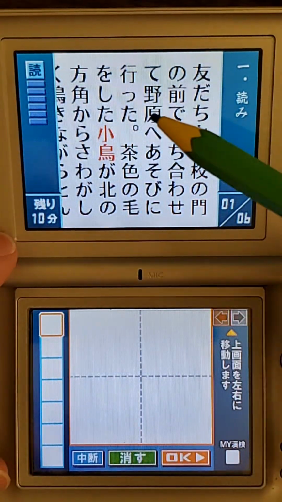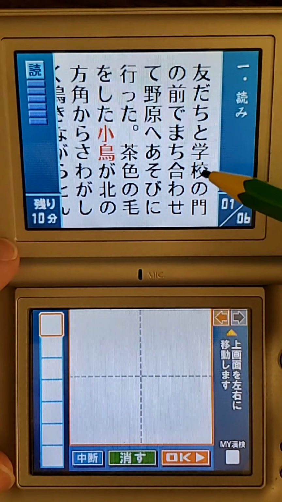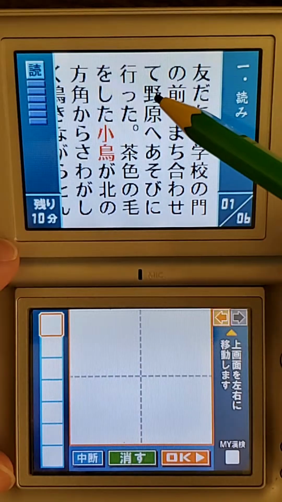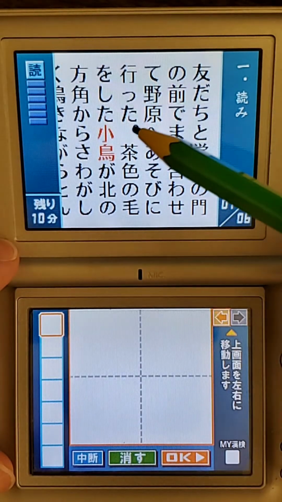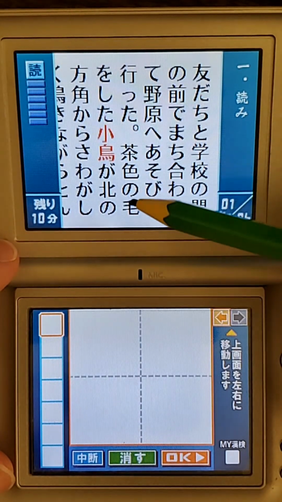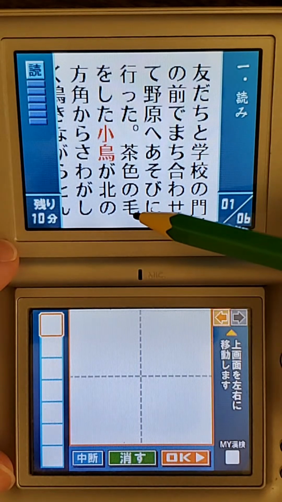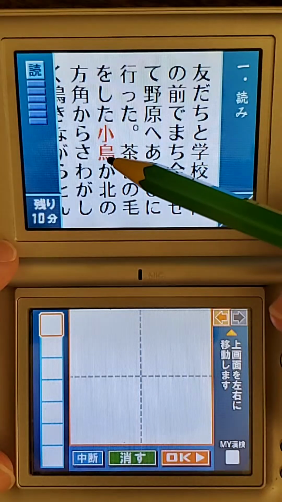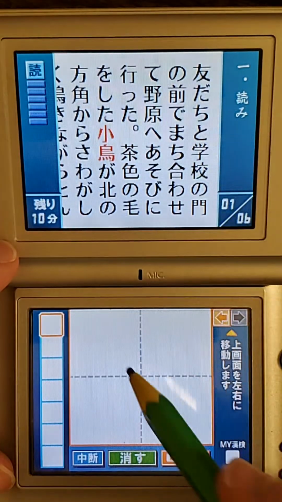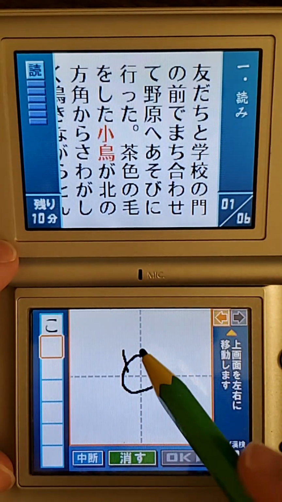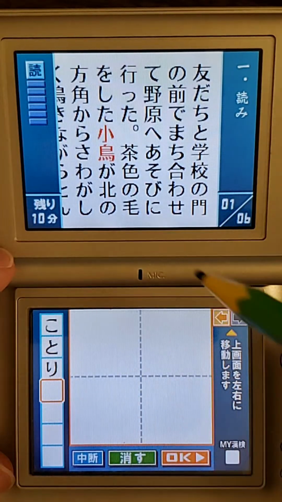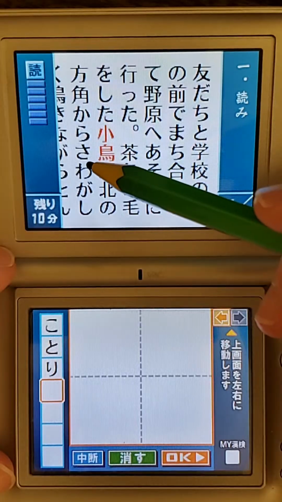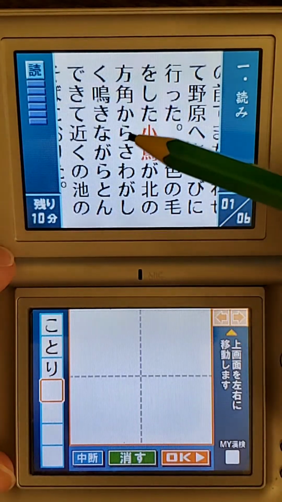All right. So the reading of the kanji. 友達と学校の門の前で待ち合わせて、野原へ遊びに行った。茶色の毛をした小鳥。So we'll do small bird, 小鳥が北の方角から騒が, what the devil?